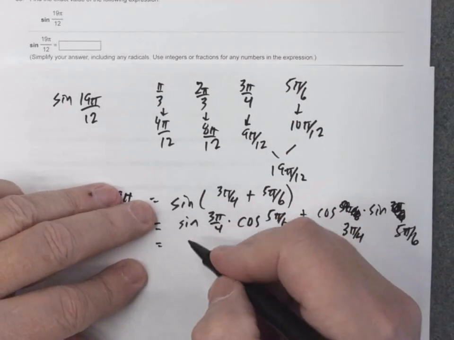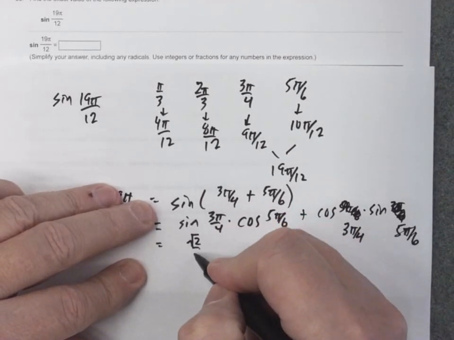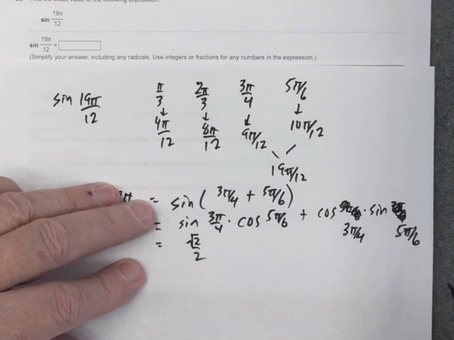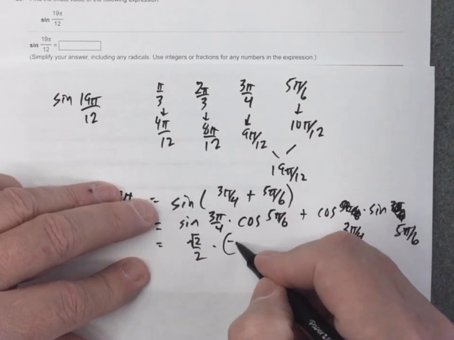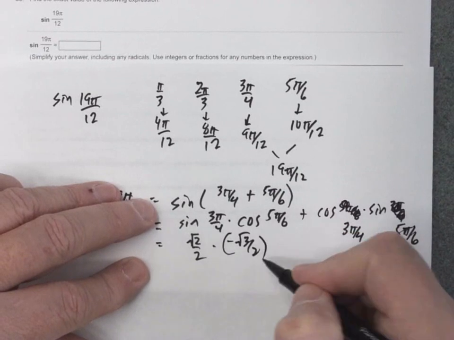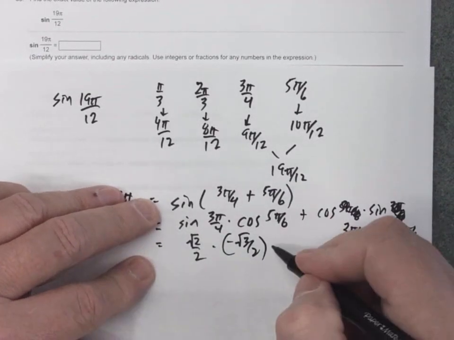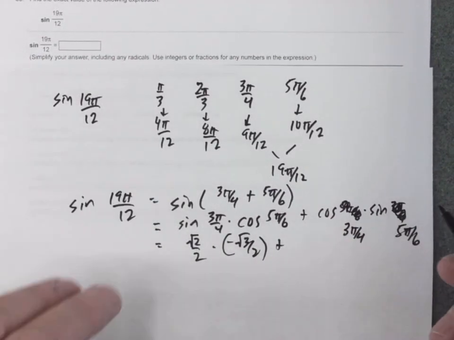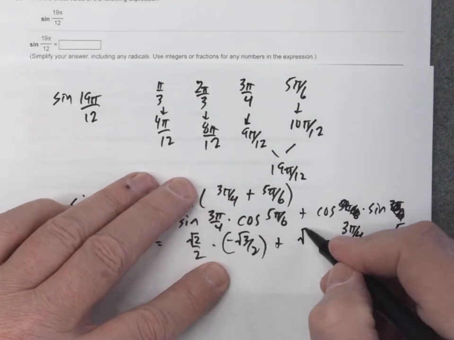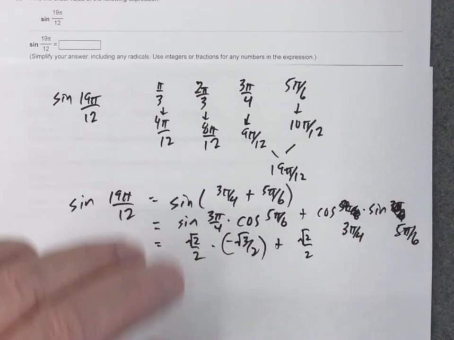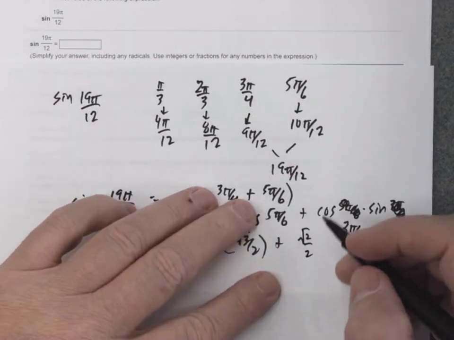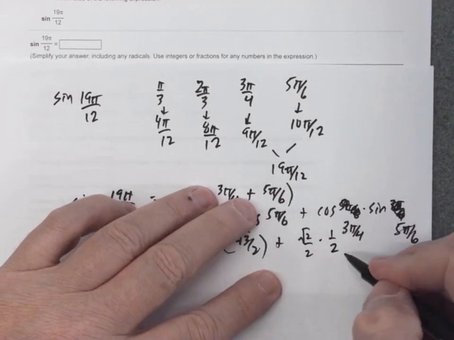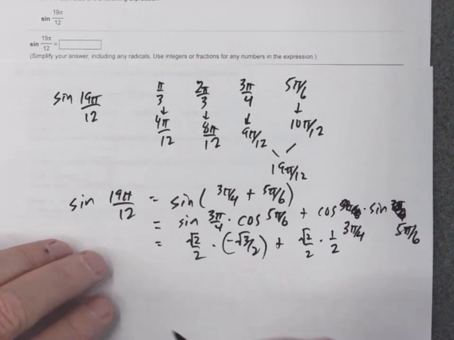So sine of 3 pi over 4 is square root of 2 over 2. Cosine of 5 pi over 6, negative square root of 3 over 2. Cosine of 3 pi over 4, square root of 2 over 2. The sine of 5 pi over 6, simply 1/2.